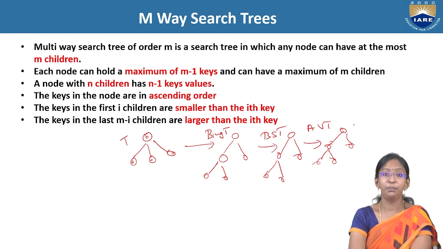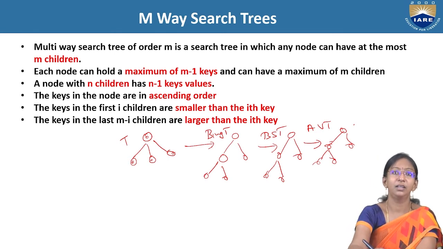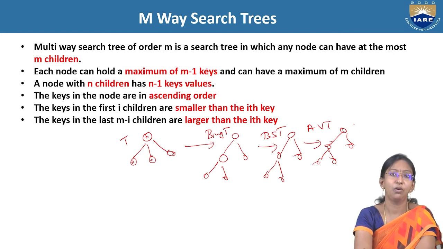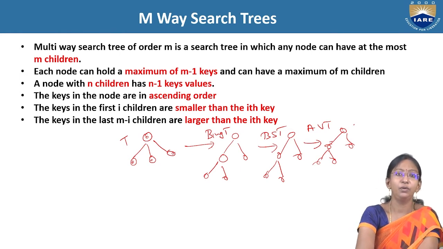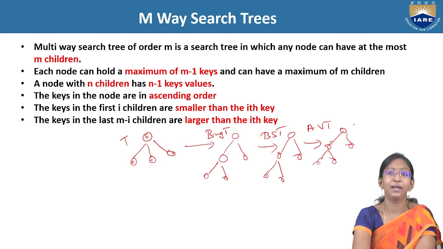Then people thought, why are we forced to store a single data value at every node? Can't we extend it? They have extended it and come up with multiway trees, or simply MV trees of order M, where a node with n children can have n minus 1 key values, right?